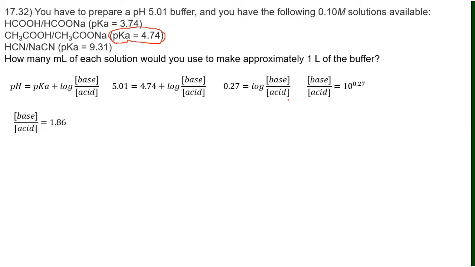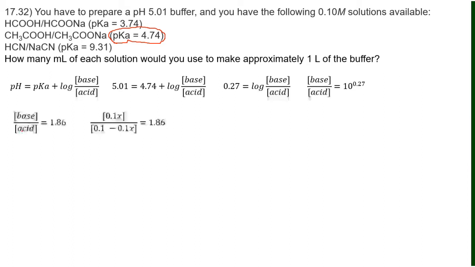Now we need to find out what those actual concentrations are, so that we can know how many milliliters of base to add and how many milliliters of acid to add to make a 1 liter solution of this buffer. So for that, I basically said, well, the concentration of base that we add is going to be starting with 0.1 molar. They're all 0.1 molar solutions. We're going to multiply that by a factor of x to get some fraction of that.